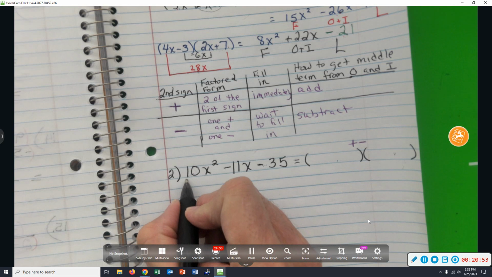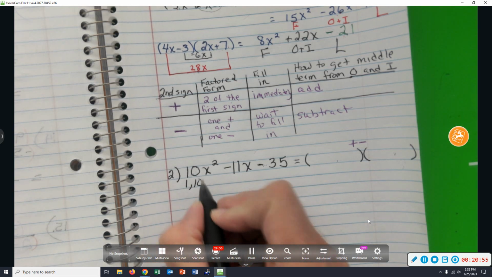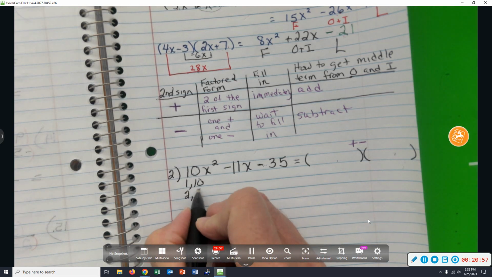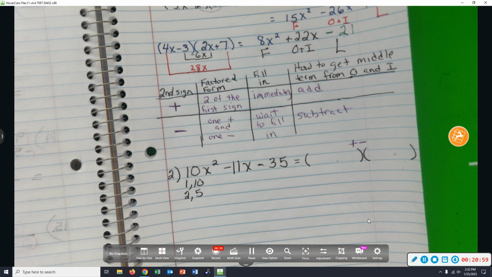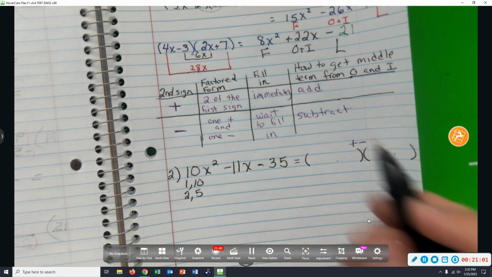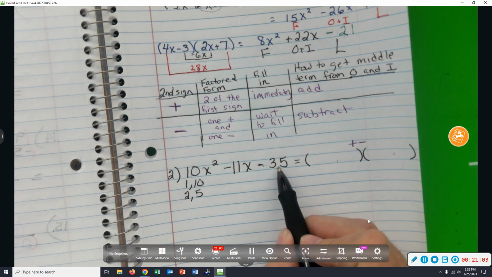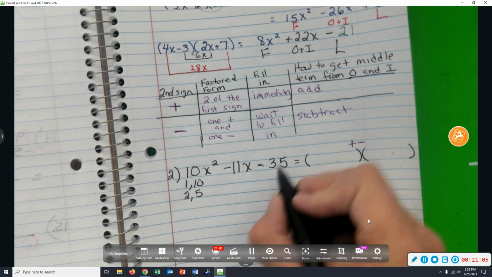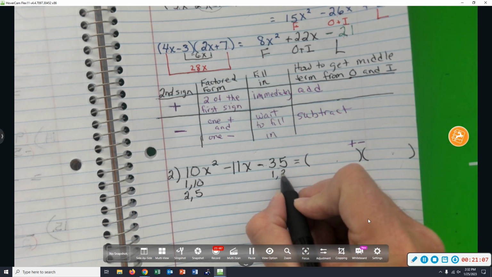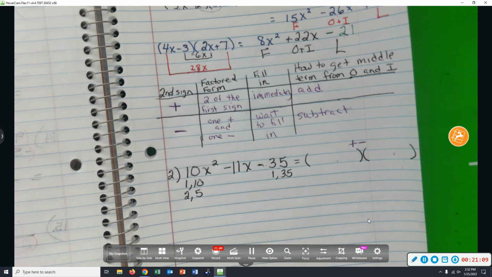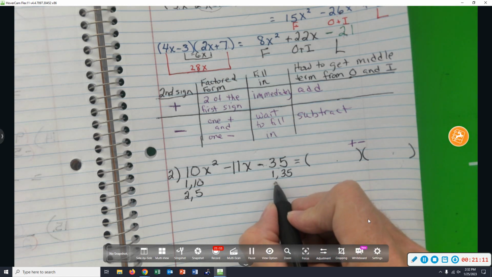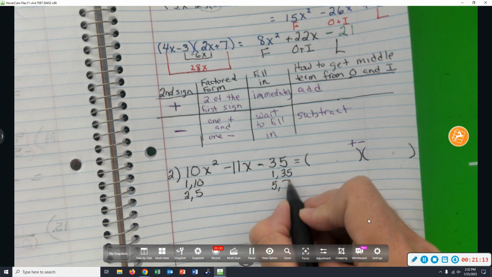Numbers that multiply together to give 10: 1 times 10, 2 times 5. Numbers that multiply together to give 35: 1 times 35, and what's that other pair? 5 and 7.